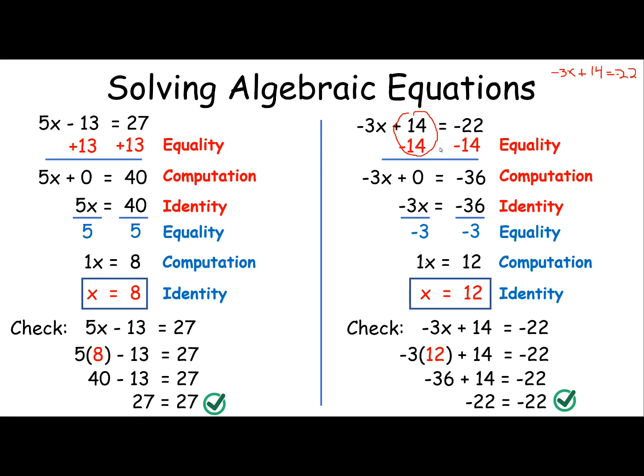I could have subtracted 18 or added 47 or divided by 36, and it would have worked out just the same. It's just I want to pick things that are easy for me to use.